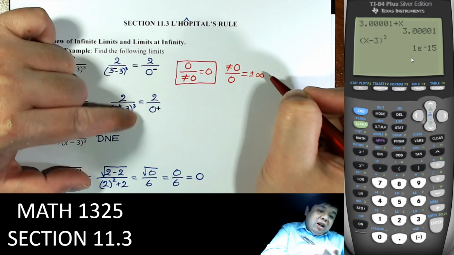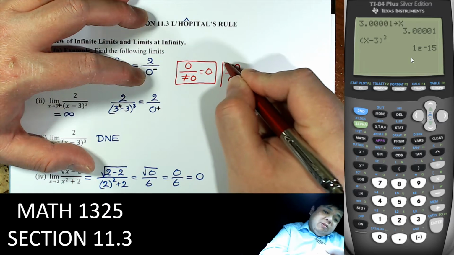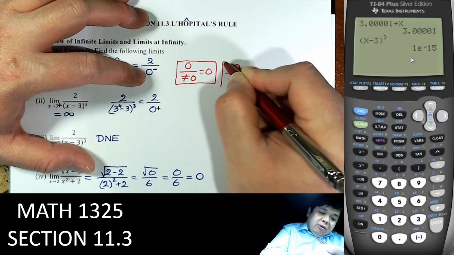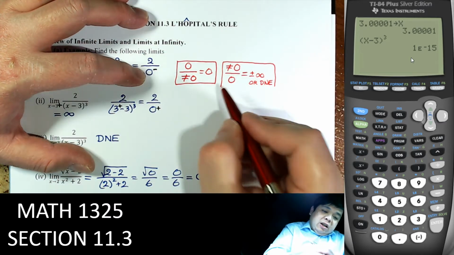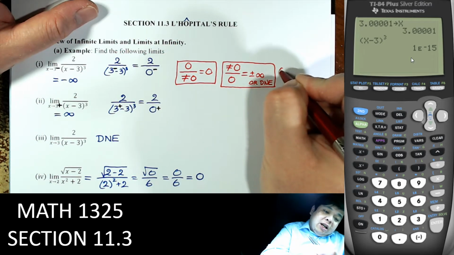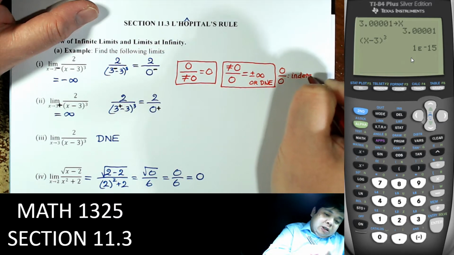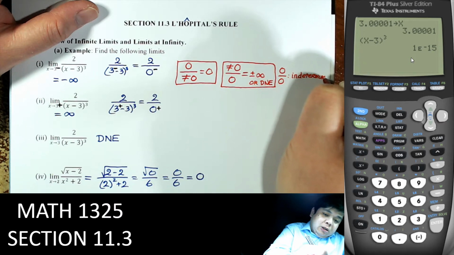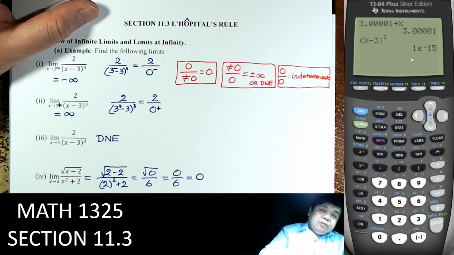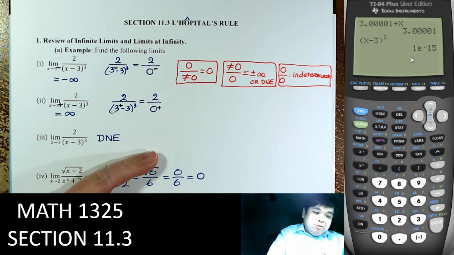But negative or positive infinity are not real numbers, so we could say they are undefined. And then 0 over 0 is indeterminate. That's what we had in the first chapter of this class.